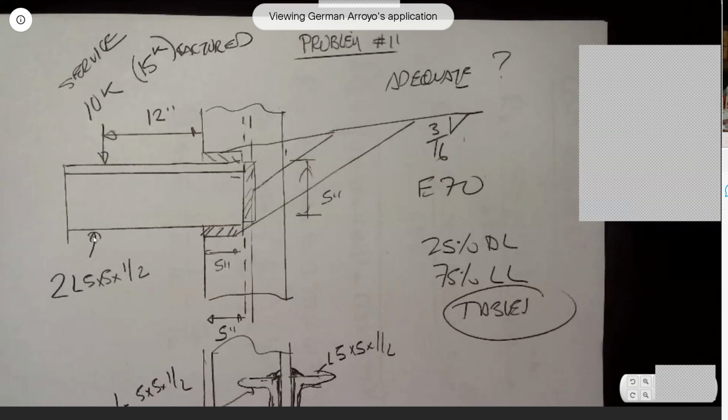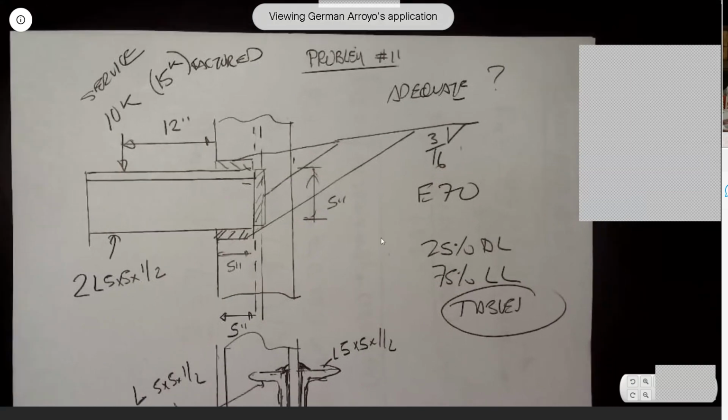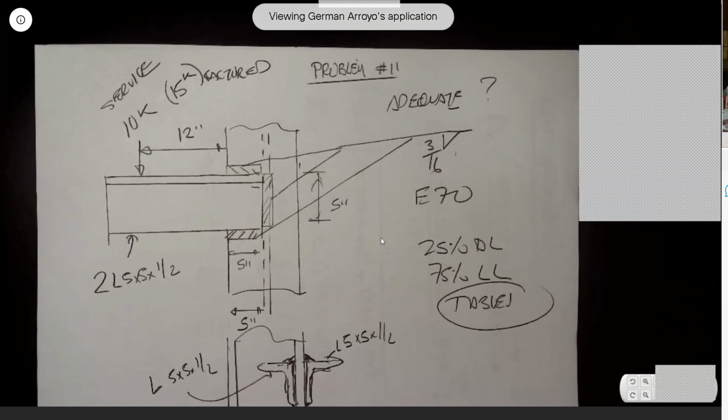And this is the service load factor 15, and they want to know if it is adequate. Everything is given. Look, 5 inches, 5 inches, 5 inches, 3/16, the size of the weld. And electrodes E70, dead load, live load, all of that. And you only want to use the table, only the table in here.